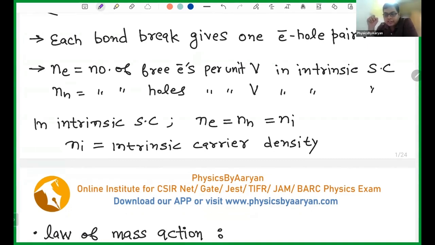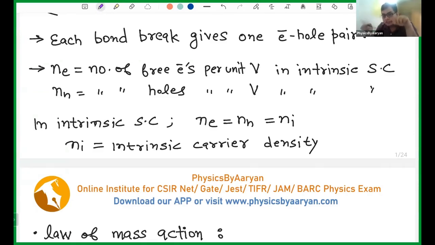Okay. In an intrinsic semiconductor, what is a major property? When the temperature comes, bonds break, so electrons are produced and holes are produced. So whenever a bond breaks, electrons and holes are produced in equal numbers. In an intrinsic semiconductor, the only thing producing charge concentrations is bond breaking, that is because of the temperature. That is the first thing we have to remember: in an intrinsic semiconductor, only temperature is giving us the charges because it is breaking the bonds.